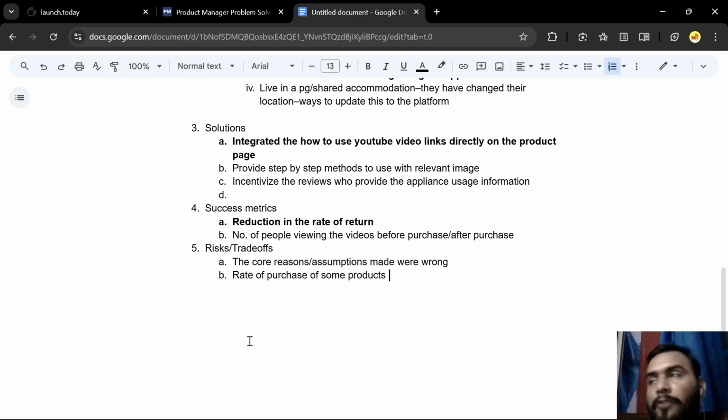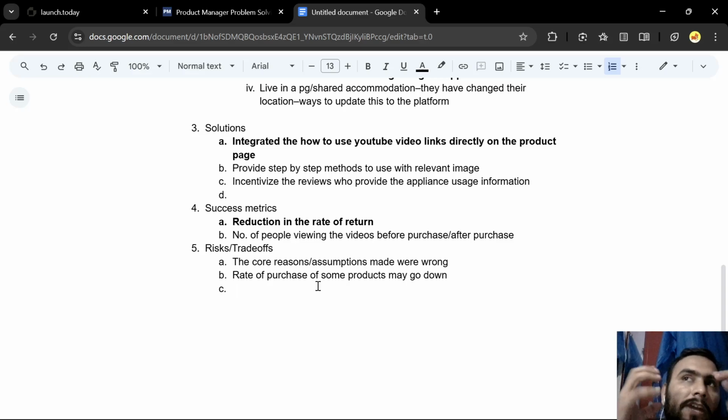Maybe the rate of purchase for some products may go down, because when the customer has more information, more clarity, more transparency regarding the use of the product. But then the rate of purchase of some different product may go up, because that balance will be created.